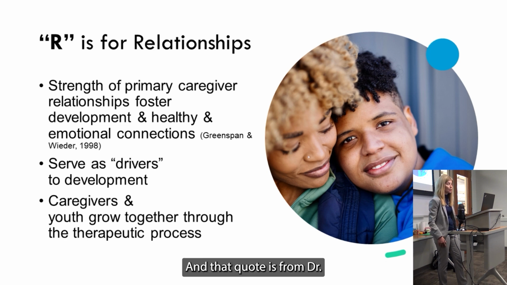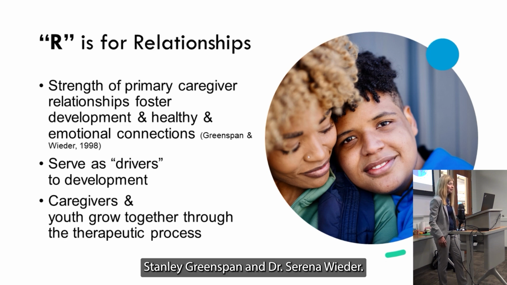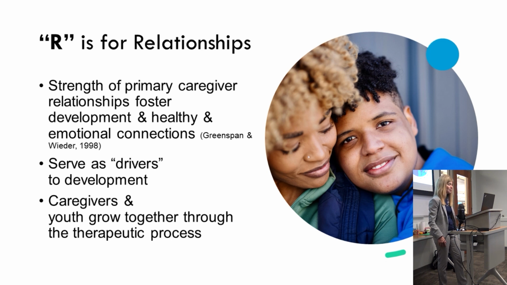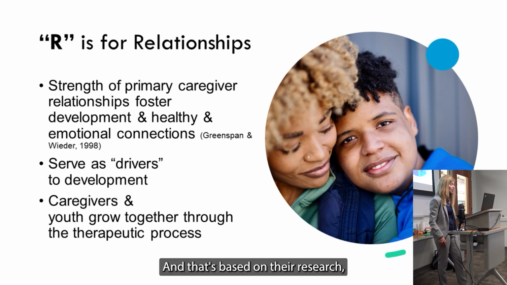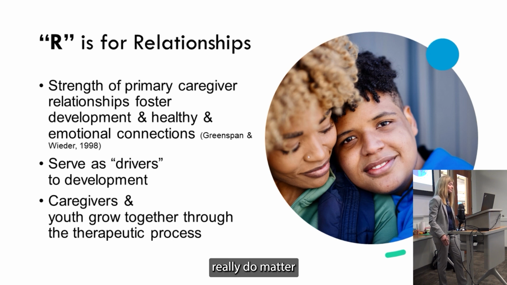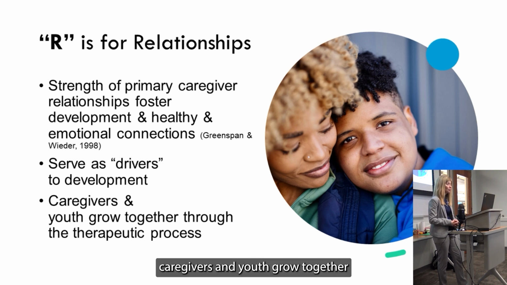That quote is from Dr. Stanley Greenspan and Dr. Serena Wieder. And that's based on their research, which continues to date, that relationships really do matter. They serve as drivers. They're in the driver's seat of development. And through relationships, caregivers and youth grow together through the therapeutic process.